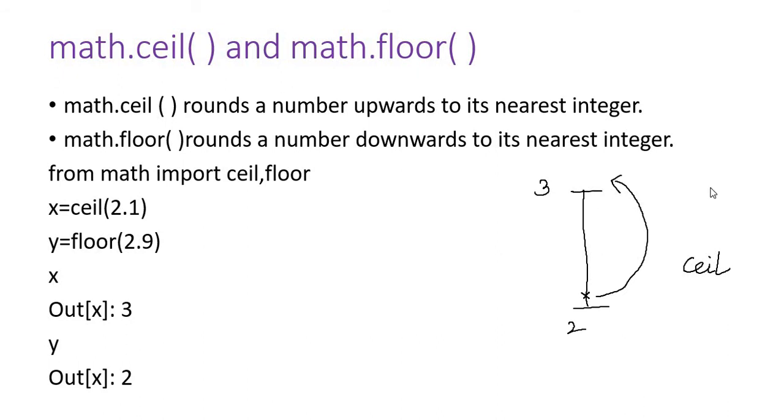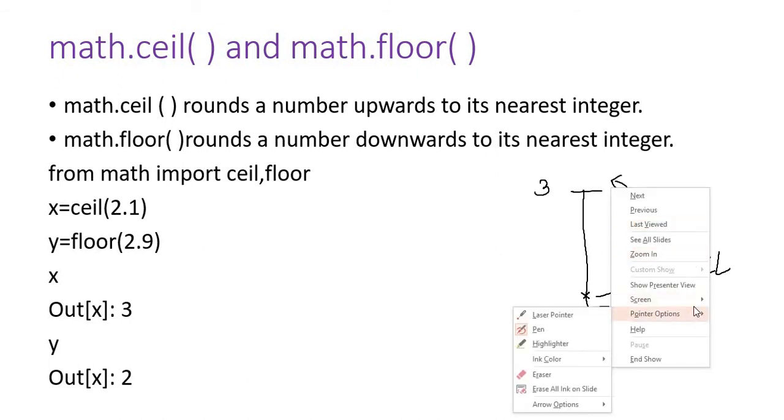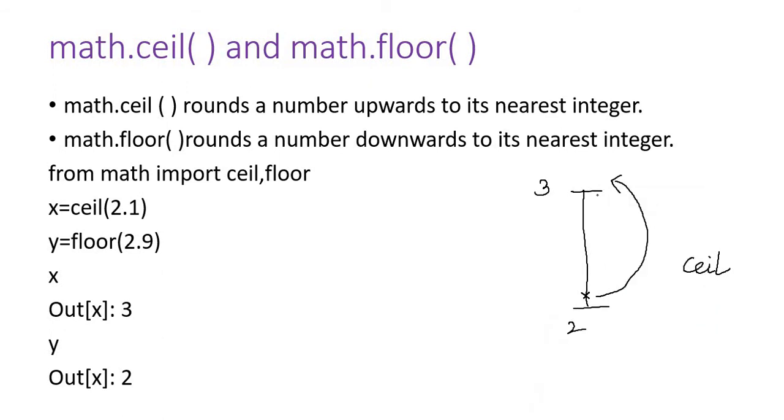Whereas what floor will do, it will round the number to the lowest integer, which is 2.